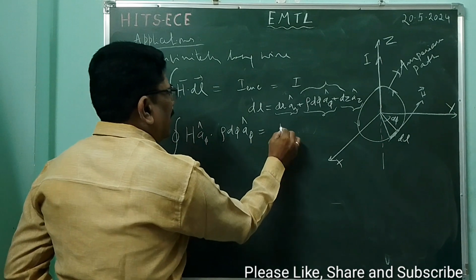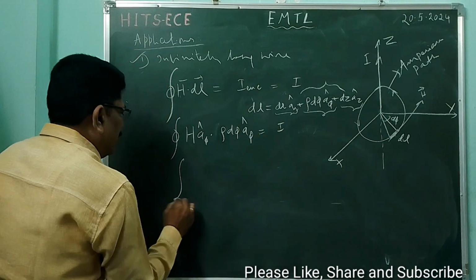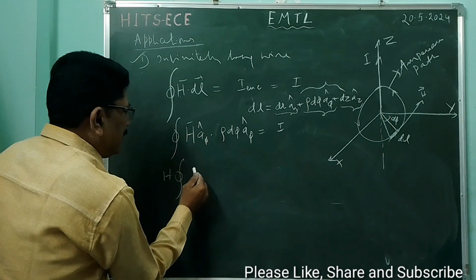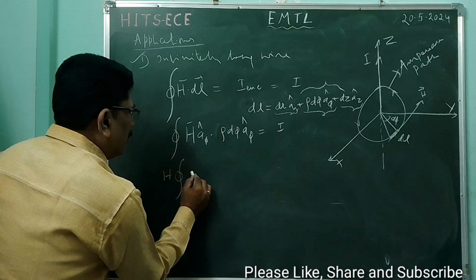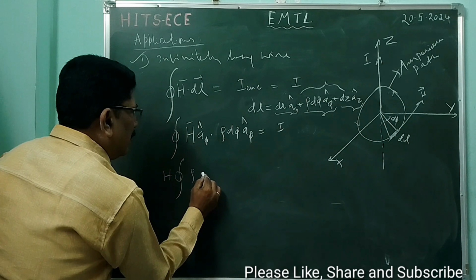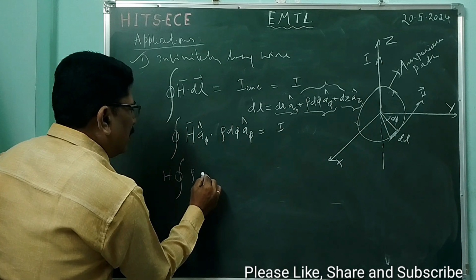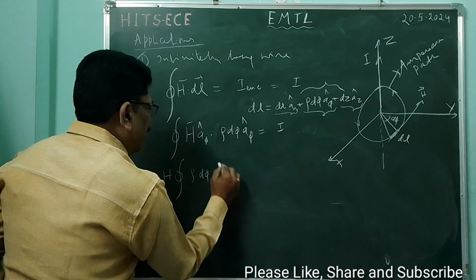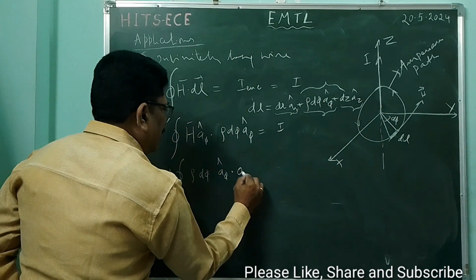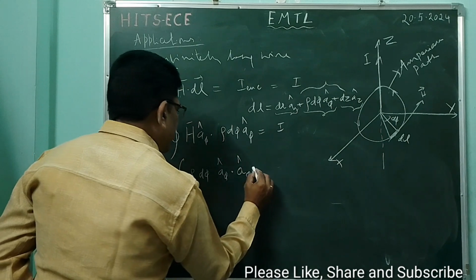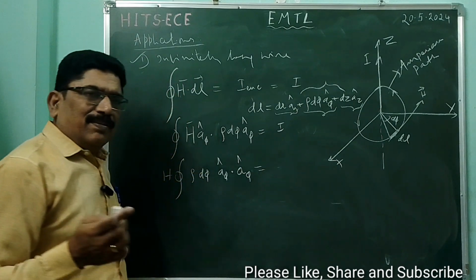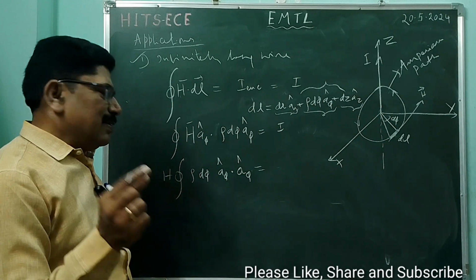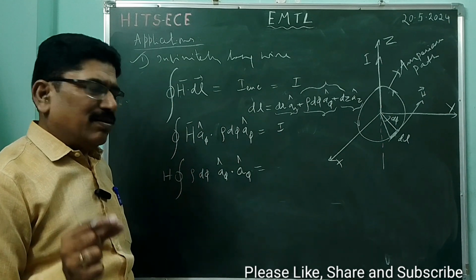which is equal to the current I. So H is constant here: H ρ integral dφ, aφ cap dot aφ cap. The magnitude of aφ cap is 1, and both are in the same direction, so the angle is 0 and cos 0 is 1.